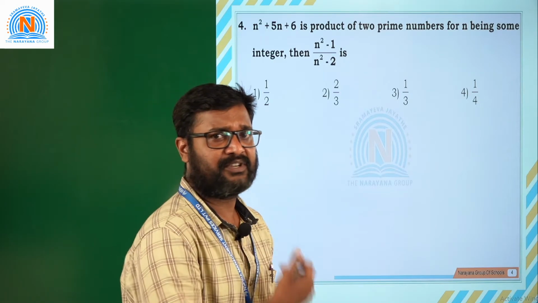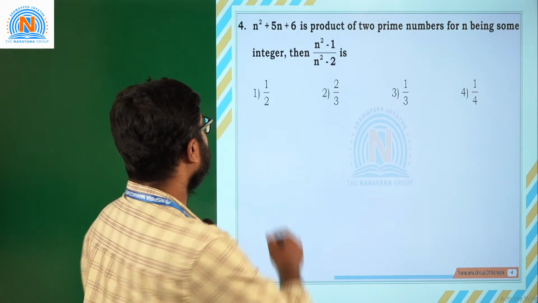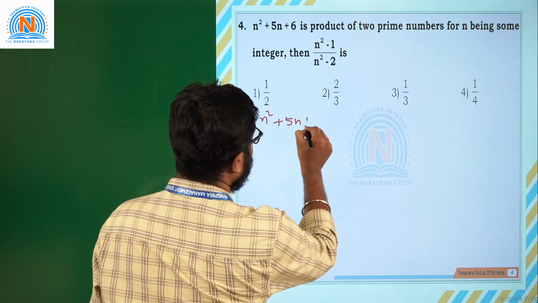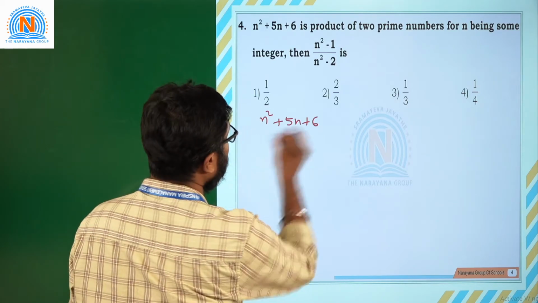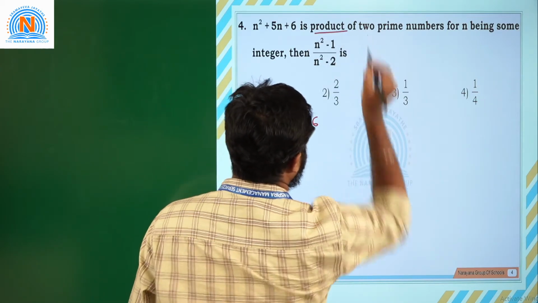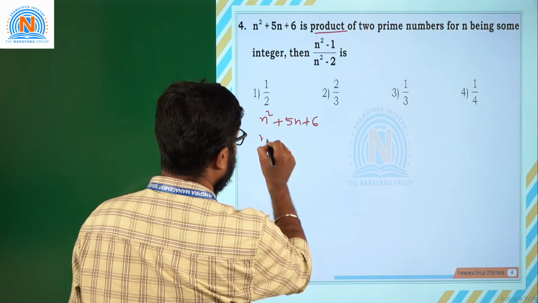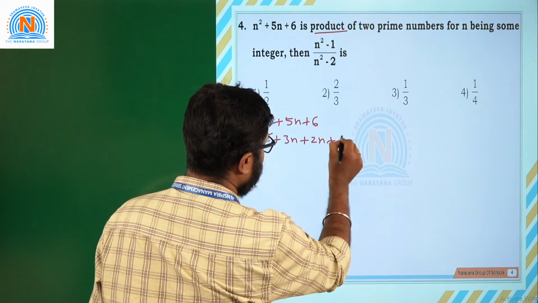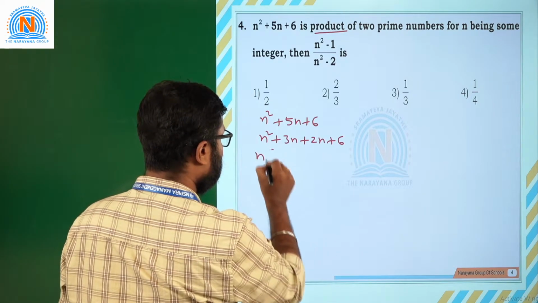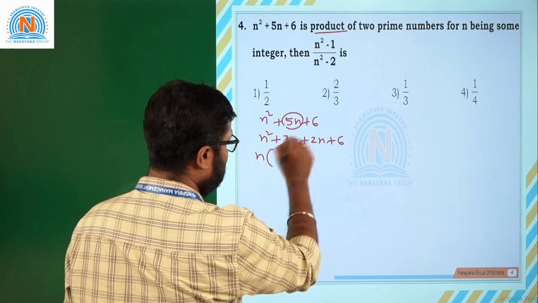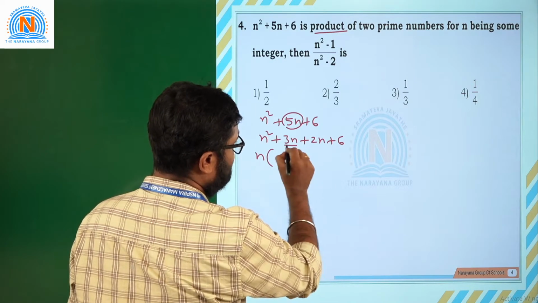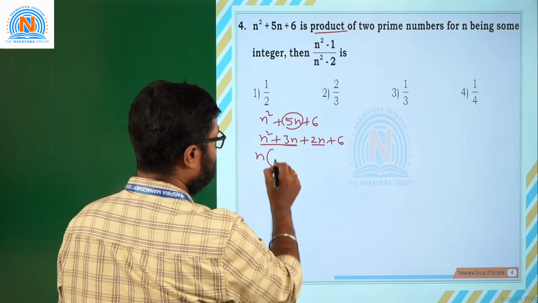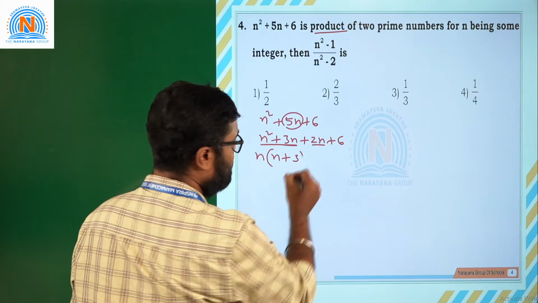This is just like the previous question we discussed in the first question. So let's take n square plus 5n plus 6 and convert it into product, that is factors. So n square plus 3n plus 2n plus 6. I am splitting 5n into two terms, 3n and 2n. Now I am taking n common from these two terms, that is n plus 3, isn't it?